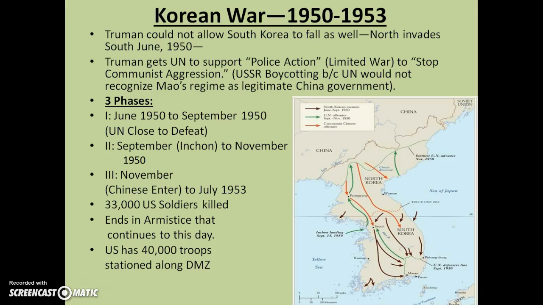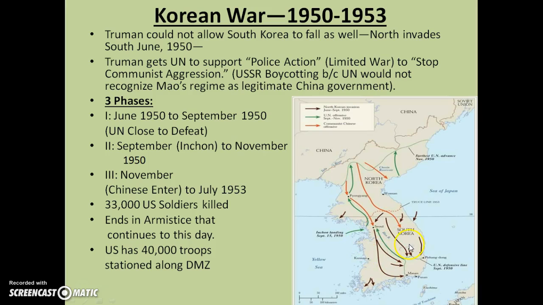In other words, they were not recognizing China as being controlled by the communists yet. So because both the USSR and China were not involved in the UN at that point, the United States was able to get the members at the time to vote yes to send troops to South Korea to try and stop this, as it was described, communist aggression.